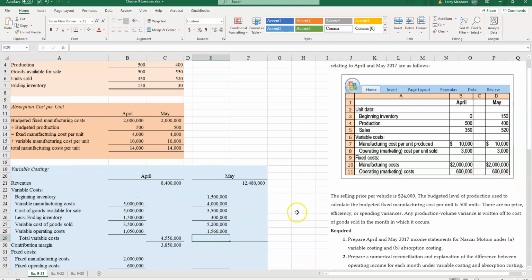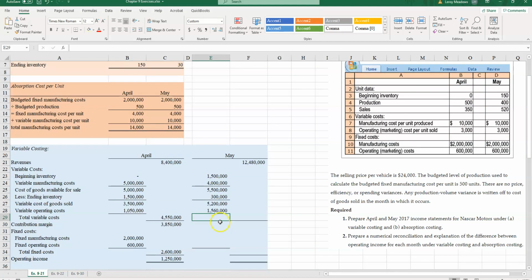So what are my total variable costs? My total variable cost is going to be simply the sum of my variable cost of goods sold and my variable operating costs. And when I add those together, I get $6,760,000. So what is my contribution margin then?